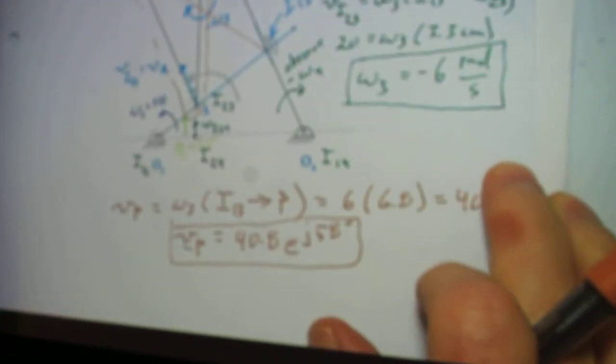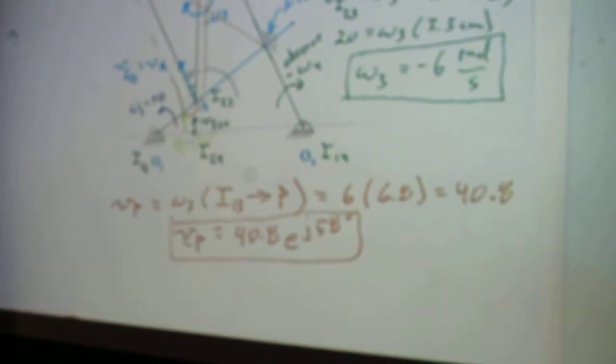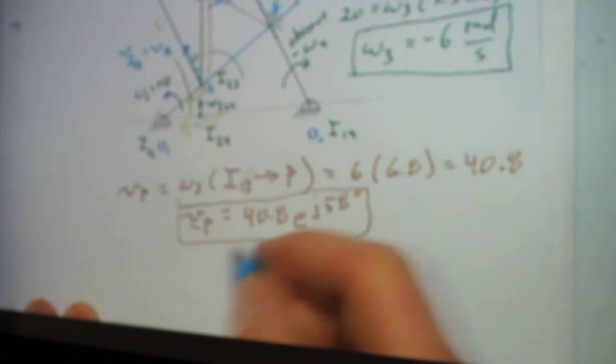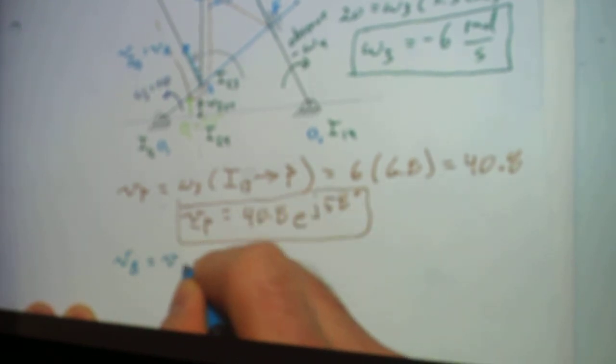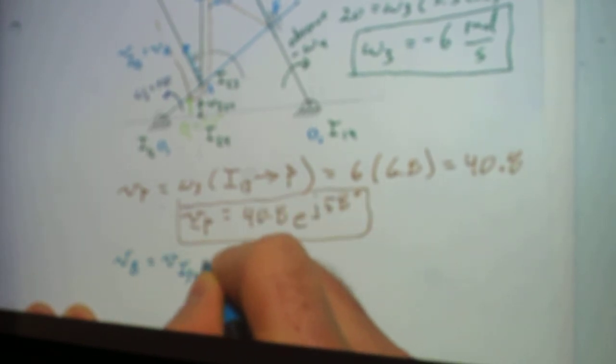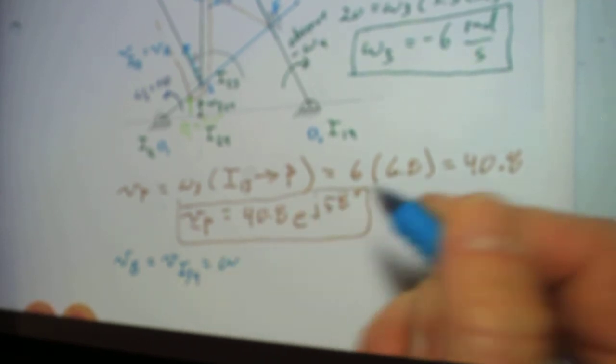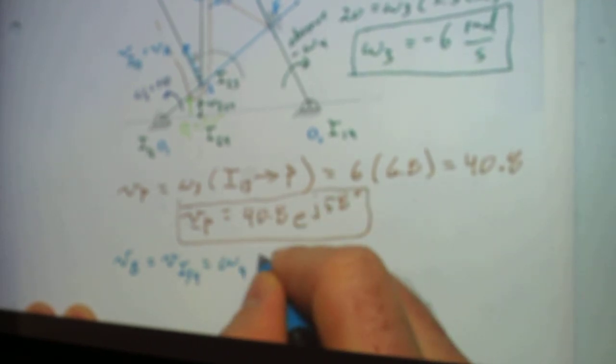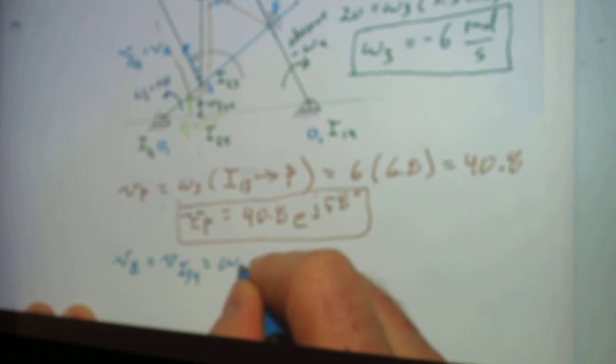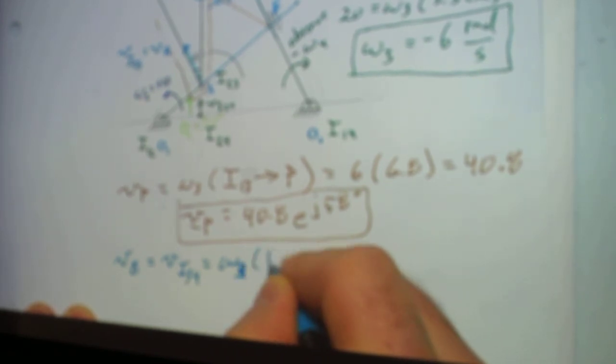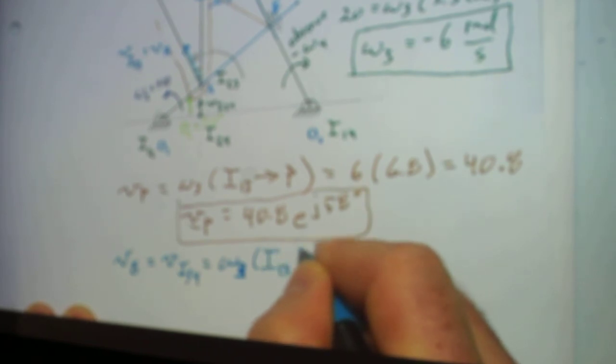Then the velocity of B equals the velocity of I34, which equals omega 4. Hold on, let me do this. Omega 3 times I13 I34.